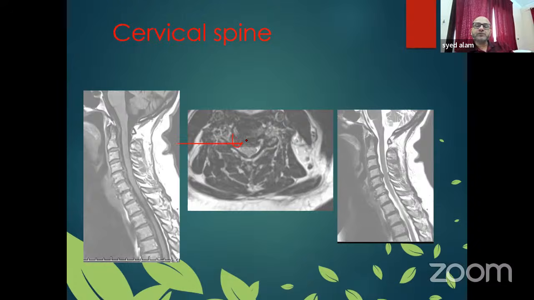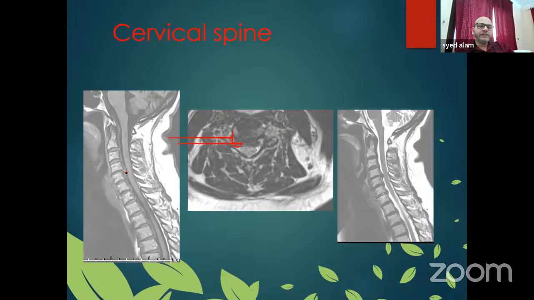Sometimes we cannot separate them, so we say disc osteophyte complex. So in a case like this, what we report is a disc osteophyte complex in the central, subarticular and neuroforamen regions. You have to use one term, disc osteophyte complex.